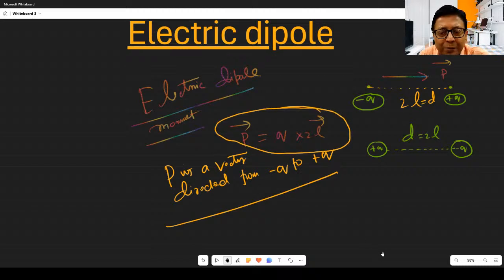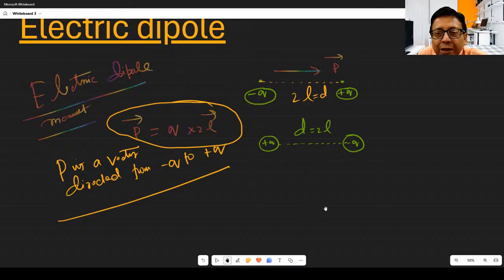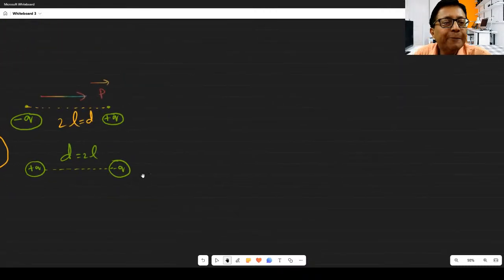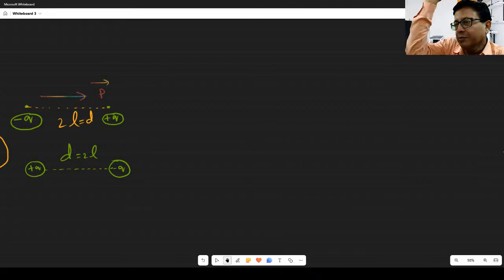Electric dipole moment calculation is not so important, but it comes when you consider the electric field strength due to this dipole, but the concept will remain the same as whatever we have learned before.